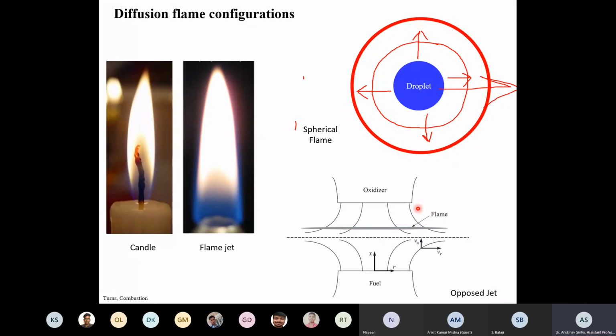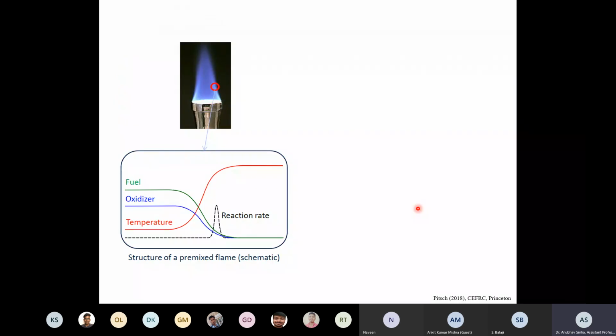I just had some videos I wanted to share with you. Now let us again come to the flame structure. Okay, so this is for premixed flames. If I take one small section at the flame surface, the flame front, then I can say how my species and temperature are changing.